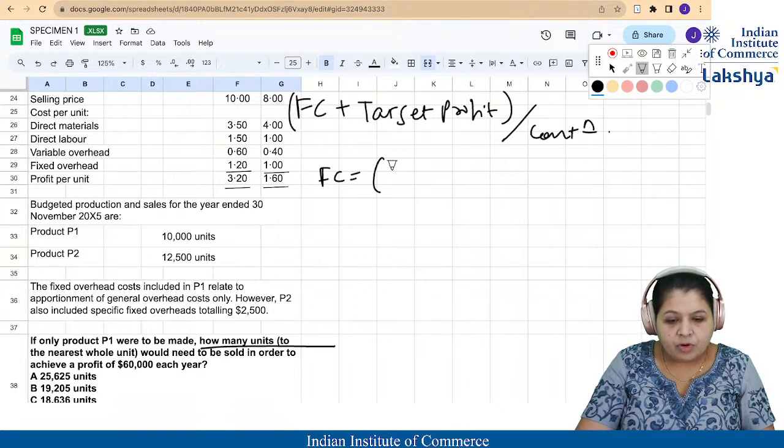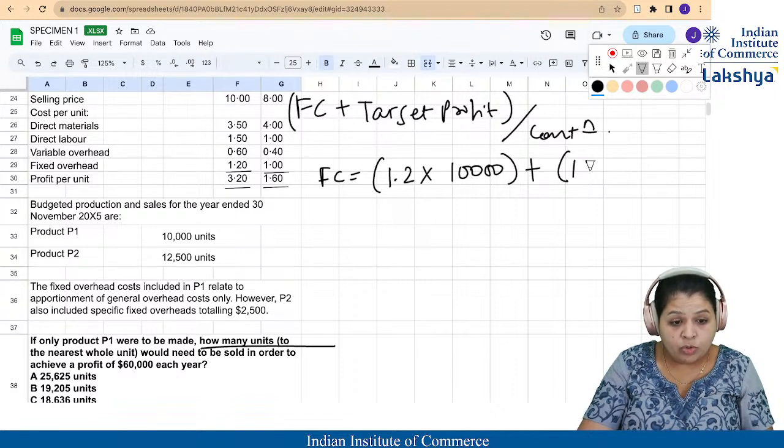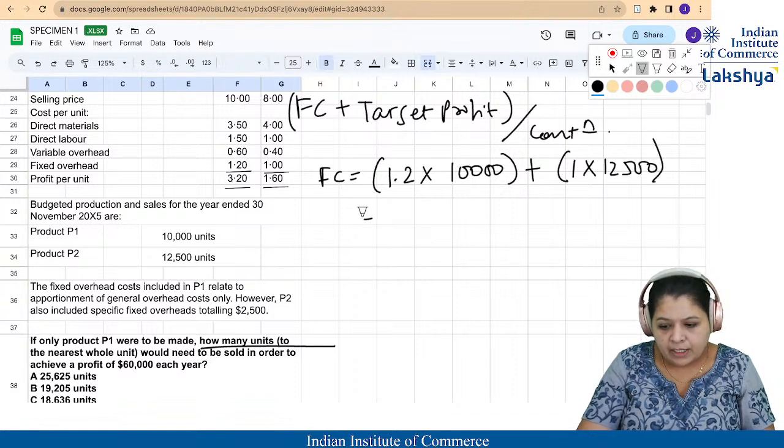The fixed cost for P1 is 1.2, and how many products are you making for that? It is 10,000. Plus the fixed cost for your P2 is 1 into 12,500. So that brings your fixed cost, and then obviously you will deduct your specific overhead.